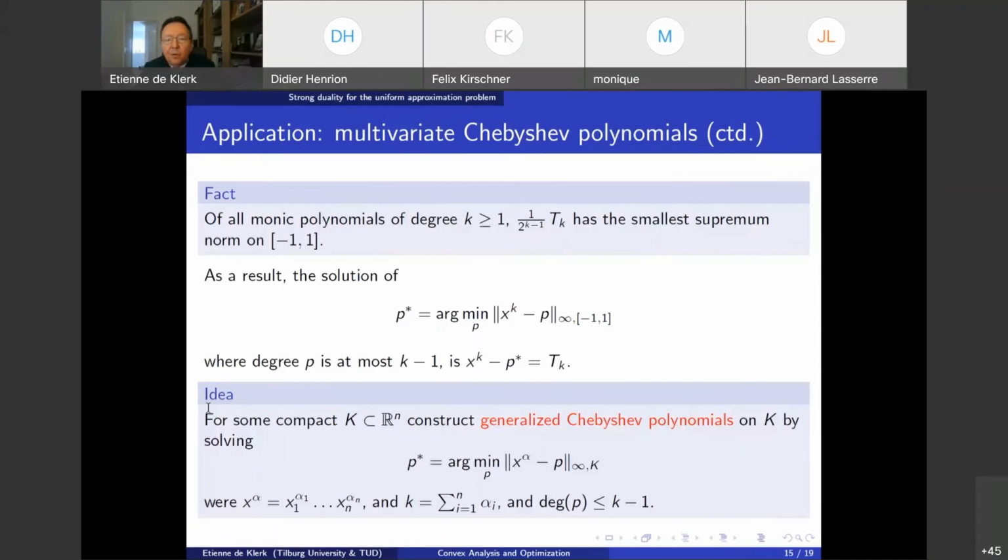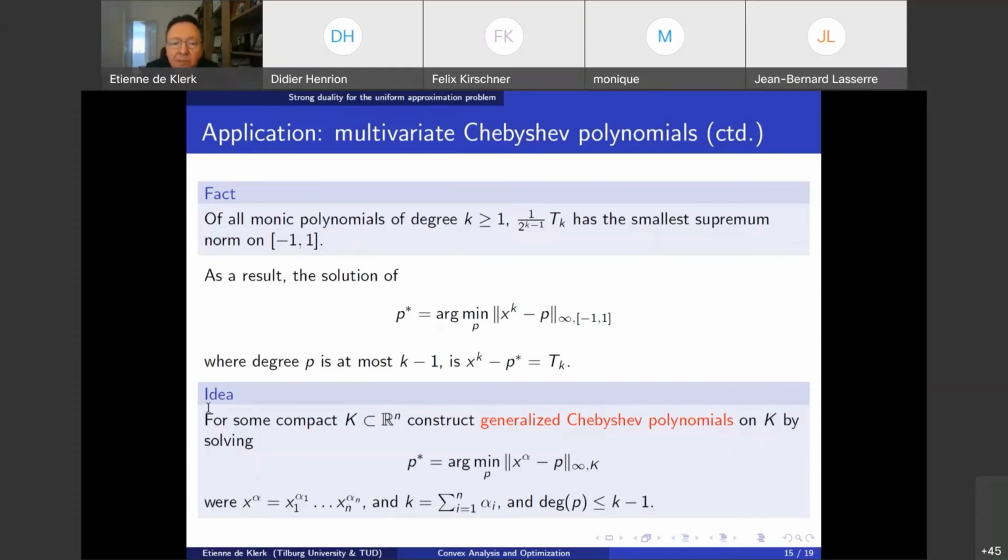And of course this gives us an idea about how to generalize Chebyshev polynomials to the multivariate case. Just a few words: why is this necessary? Isn't this completely classical? The point is that there is no one way to generalize Chebyshev polynomials to the multivariate case.